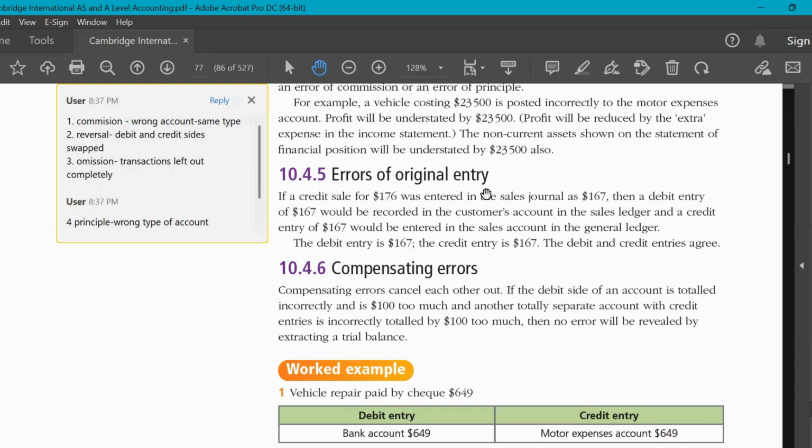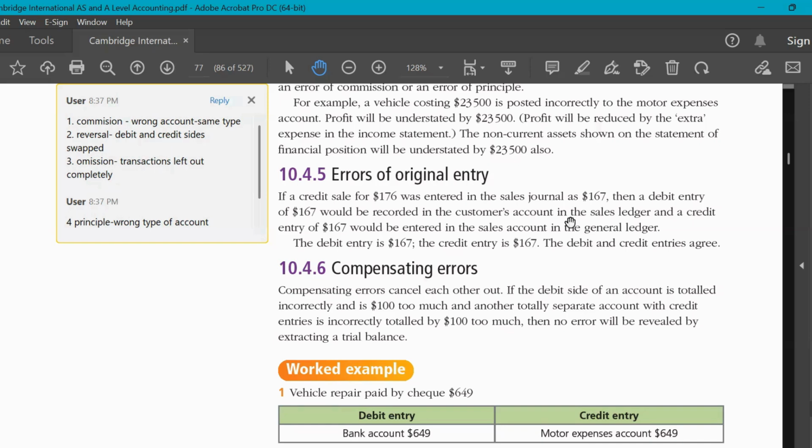When we say errors of original entry, it only means one thing. You wrote the number wrong. If the credit sale is 176, and then you put 167. This one is pretty easy. Wrong figure copied everywhere.